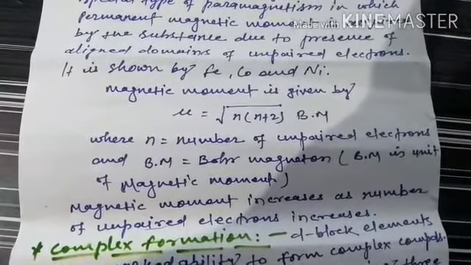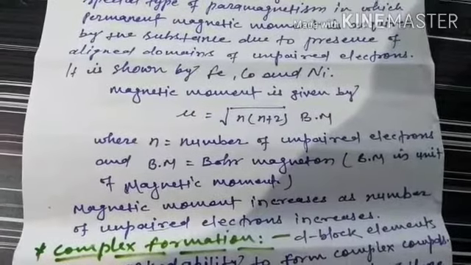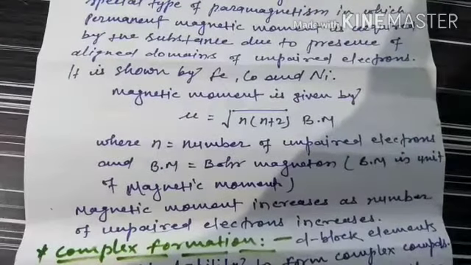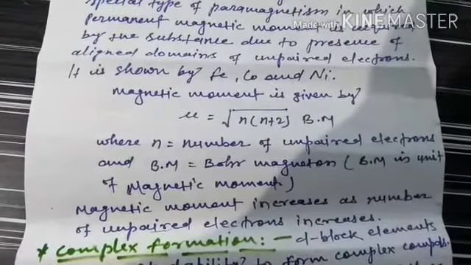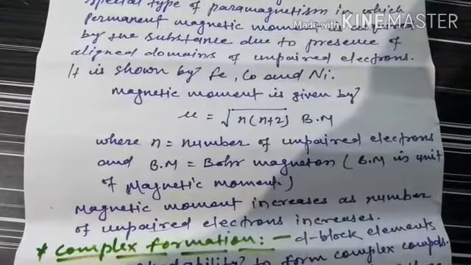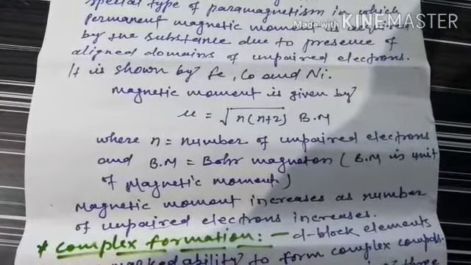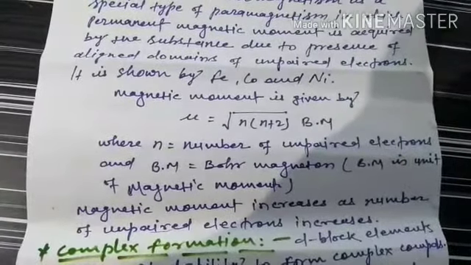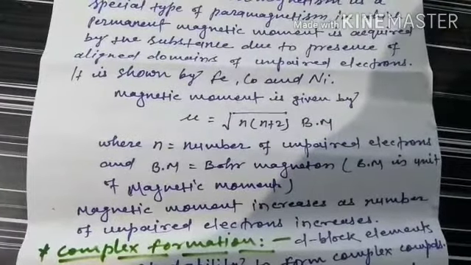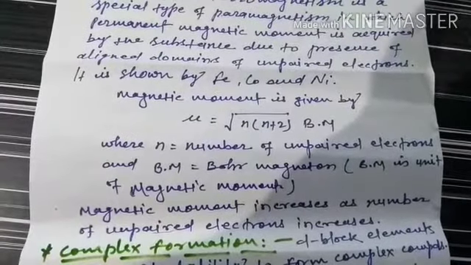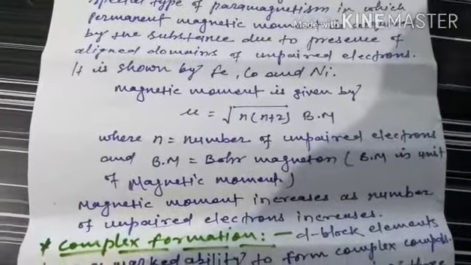Magnetic moment increases as the number of unpaired electrons increases.